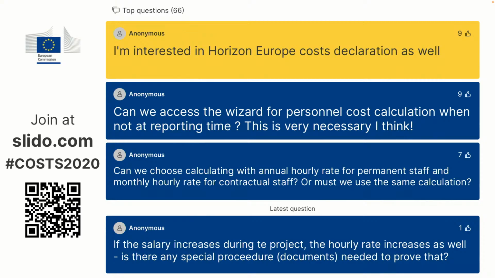Next question, can we access the wizard for personnel cost calculation when not at reporting time? This is very necessary, I think. I am afraid the reply, as it is implemented today at least, is no. It is linked to our workflows in the electronic workflow tools for the reporting.